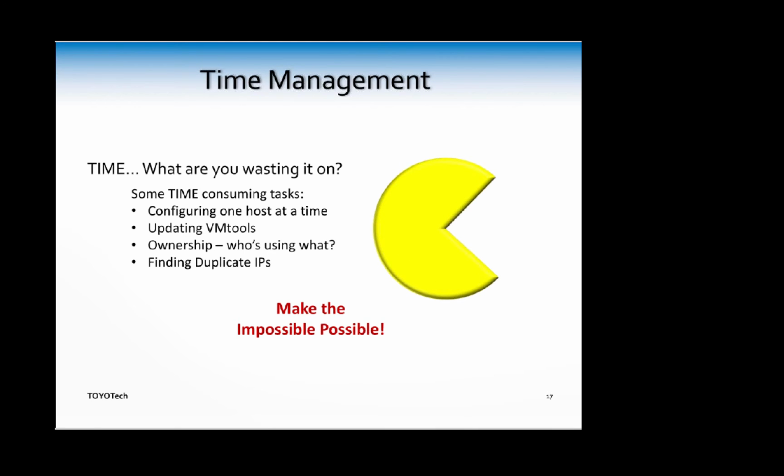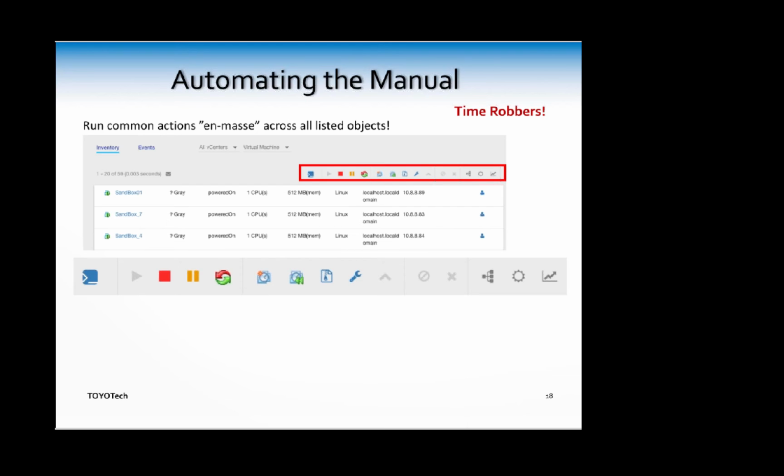Now let's take a look at the tools that we have in this solution. So we can run a query like before when we're viewing our results list. Right, in this case, a few virtual machines. And when those are listed, we actually have access to a toolbar in red here.